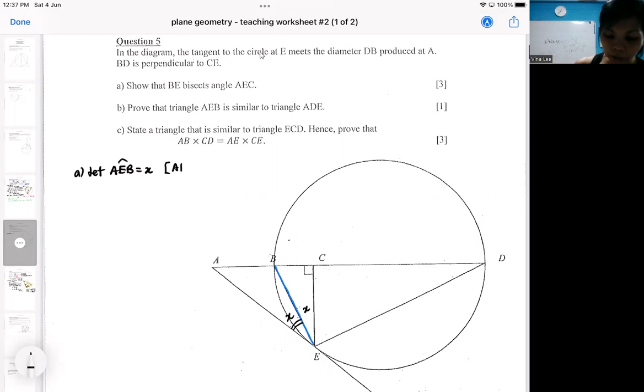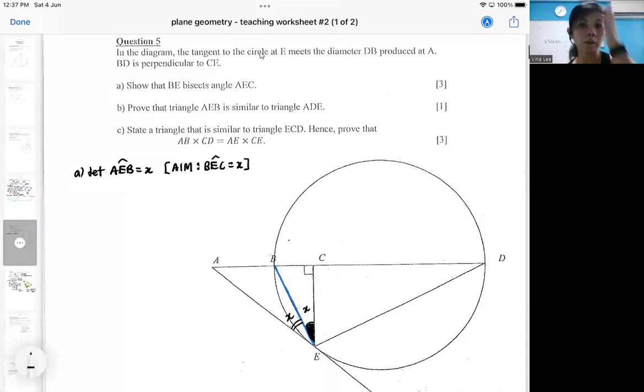So when I choose this to be X, my aim will be, I would like BEC to be X as well. So this is what you start with, this is your aim.